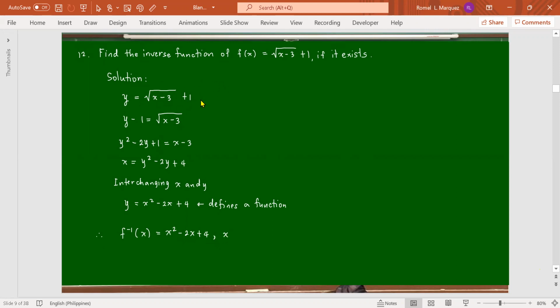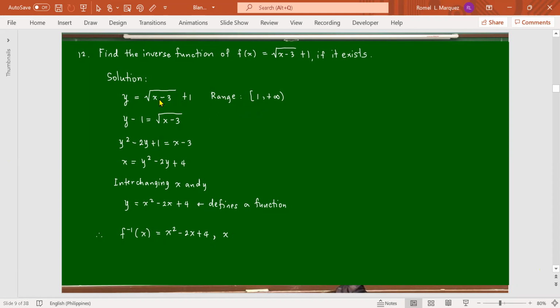Now, if you're going to look at the range of the given function, the range is 1 to positive infinity. The minimum value of this is 0 plus 1, so the minimum value of y is 1.